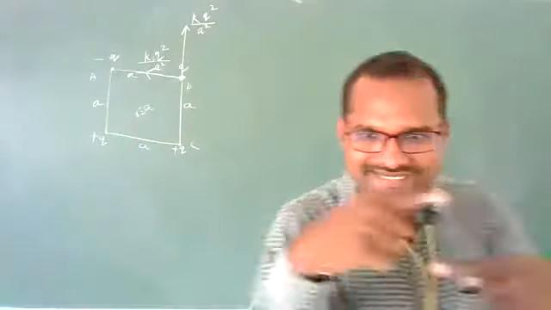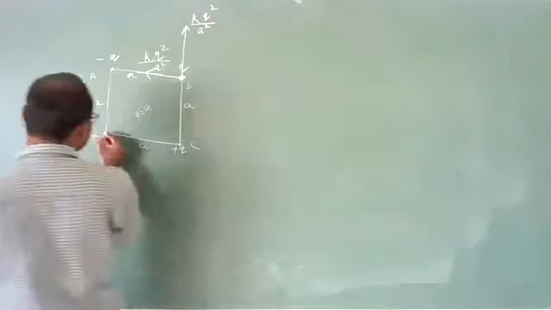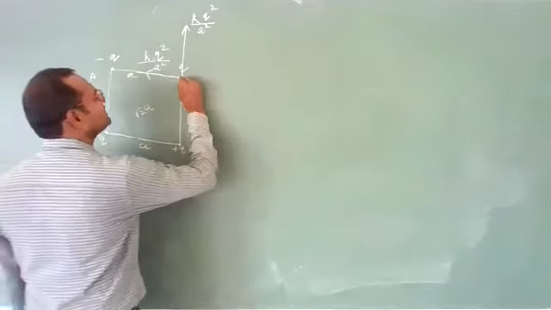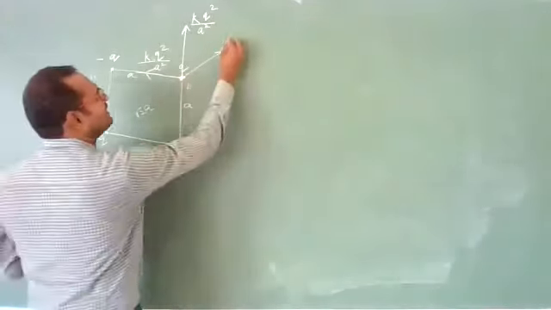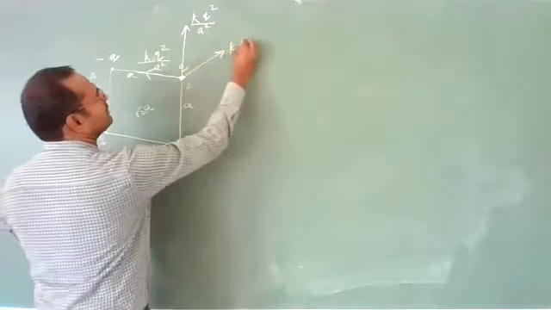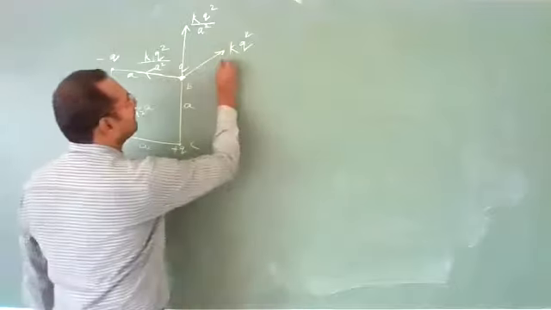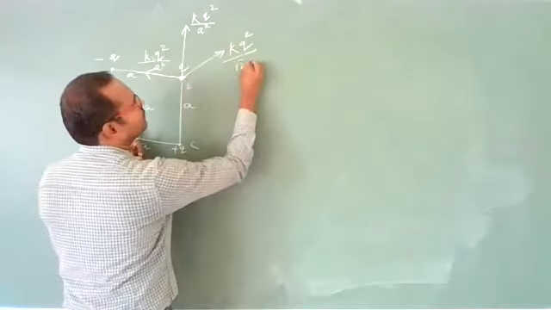Values are the same but directions are different. And due to this plus Q charge, the force is in this direction. The value is again K Q square divided by the distance between these two, which is √2 times A, whole square.